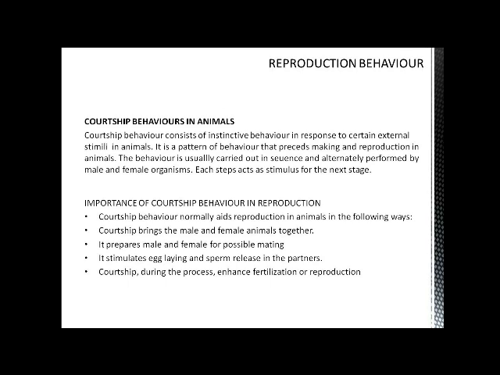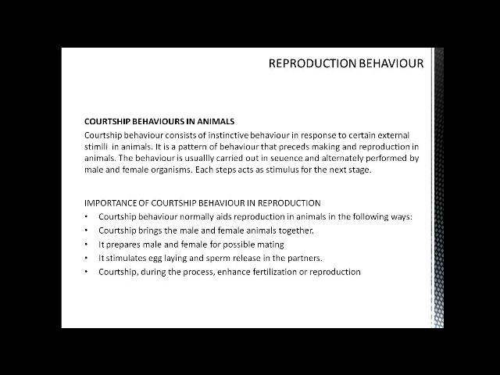The things that we are going to learn today are as follows: meaning of courtship behavior, importance of courtship behaviors in reproduction, forms or types of courtship behavior in animals, pairing as a type of courtship behavior in animals. Then we are going to cite examples of pairing. So these are the things that we are going to be learning today.